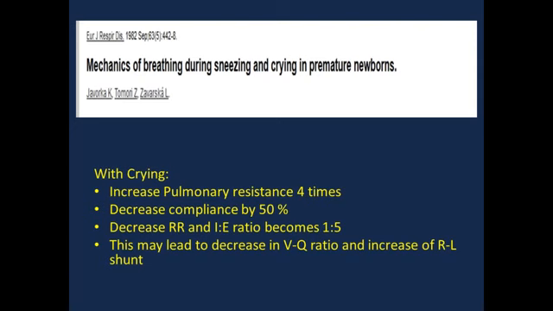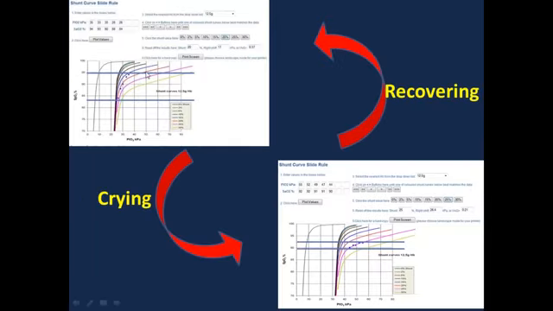So you have an infant who is crying for a long time. In this graph, you may see that he's requiring more oxygen before crying, and he's very sensitive to oxygen. But after crying, he will be shifted from VQ mismatch to significant right to left shunt, so he is much less responsive to oxygen, and his saturation cannot be improved to more than 92 or 95%, even with oxygen about 60%.